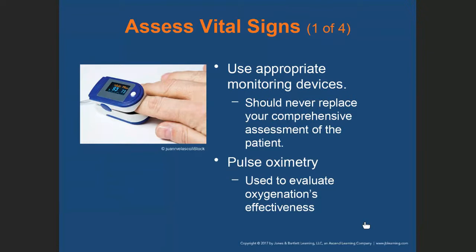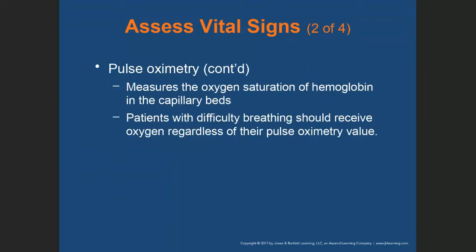Don't get in the habit of treating your equipment. You treat your patient, not equipment. So the pulse oximetry measures the oxygen saturation of the hemoglobin in the capillary beds. Patients with difficulty breathing should receive oxygen regardless of their pulse oximetry value.